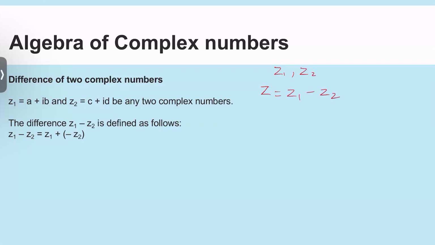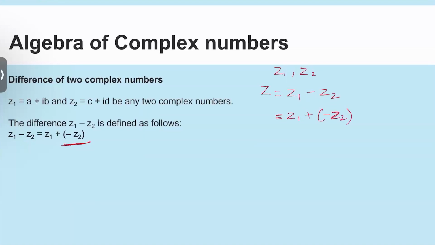This is when you use your additive inverse, which we just saw in the previous operation. When we were adding, we introduced the term additive inverse. So you use it to find the difference between the two complex numbers. Then this becomes z1 plus minus z2.